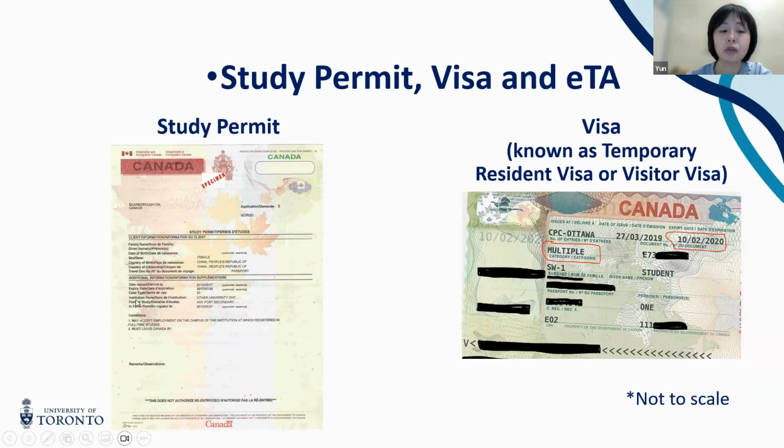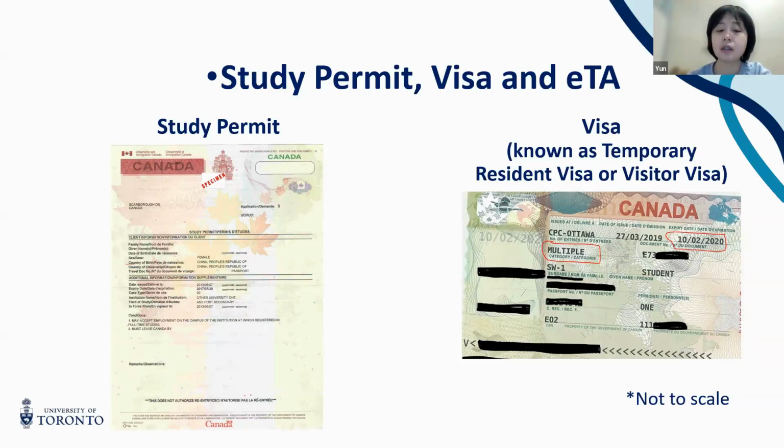It will also list the institution name. So for students at University of Toronto, here it should say University of Toronto. Below that is the field of study. Institution name is important. You have to have a study permit linked to University of Toronto in order to study at University of Toronto.